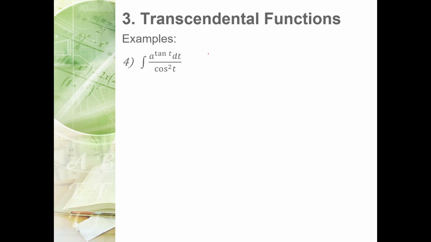Okay, so again, this is the format of a to the power of u du. So of course, as you can see here, a is still a. The u exponent is tangent t.